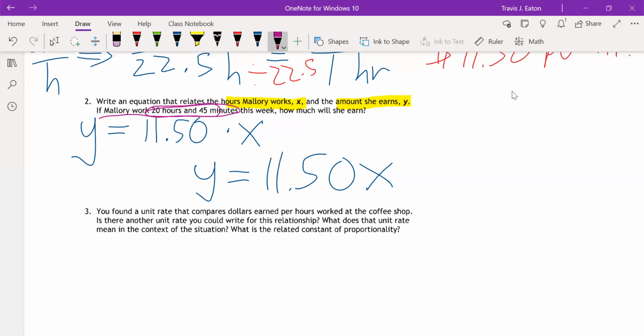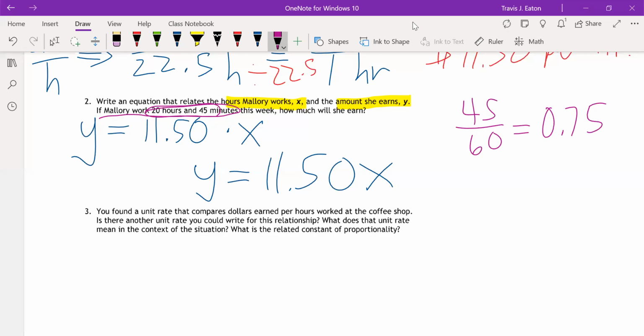Well, the 20 part's easy, right? But let's look at 45 minutes. What part of that is an hour? Well, if you're talking about 45 minutes out of 60 minutes, 45 divided by 60 works out to be 0.75, 3/4 of an hour.